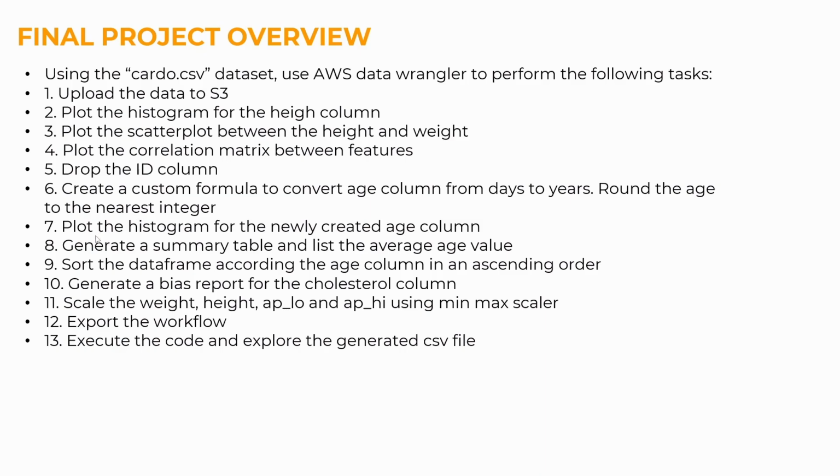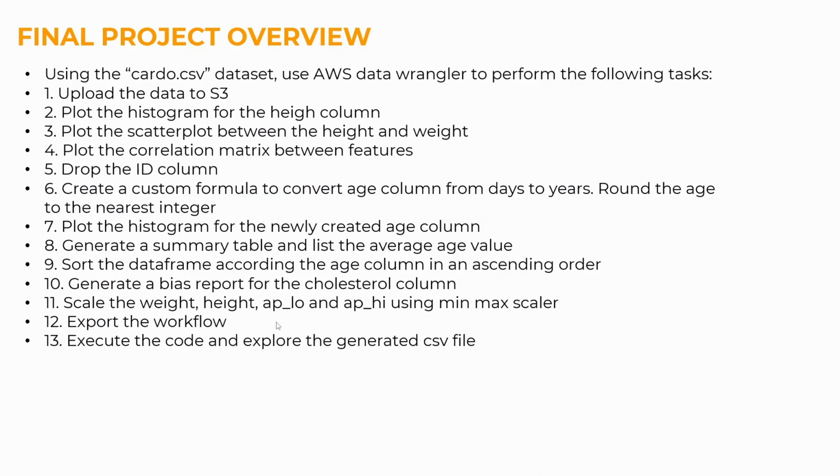I want you to plot the histogram for the newly created age column, generate a summary table and list the average age values, sort the data frame according to the age column in ascending order, generate a bias report for the cholesterol column, scale the weight, height, AP low and AP high using min-max scaler, export the workflow, and then finally I want you guys to execute the code and explore the generated CSV file.